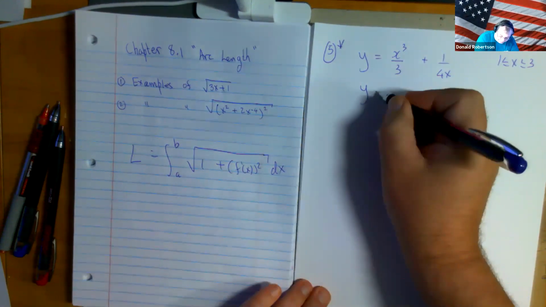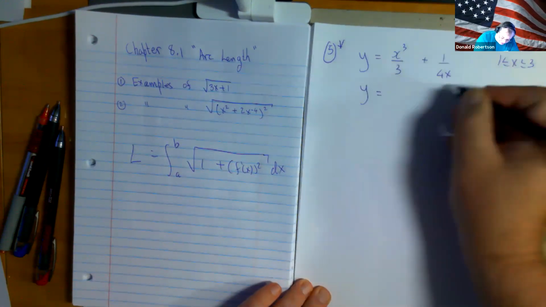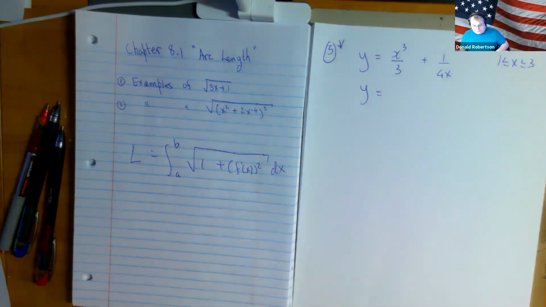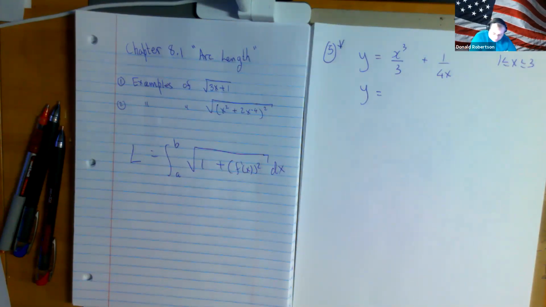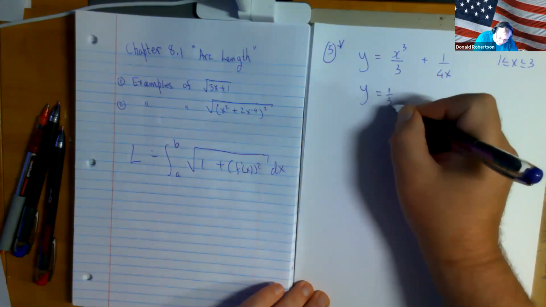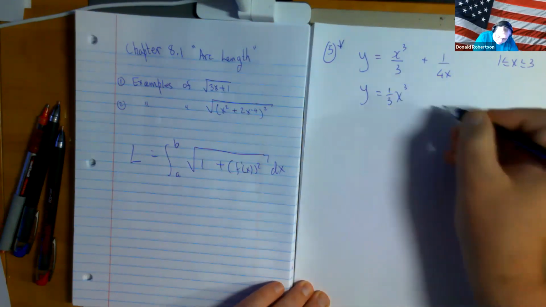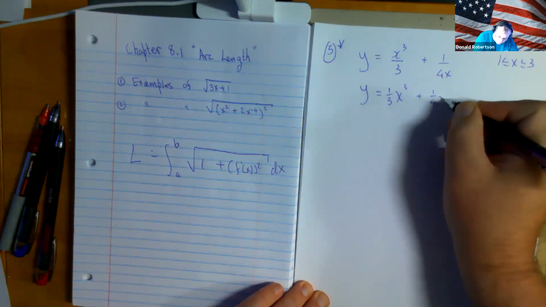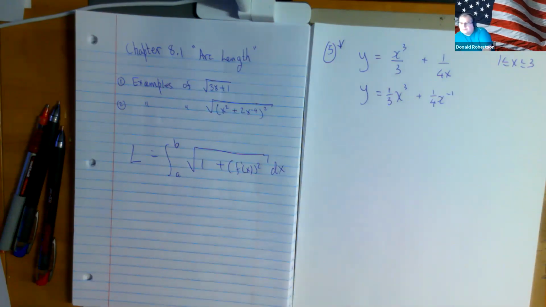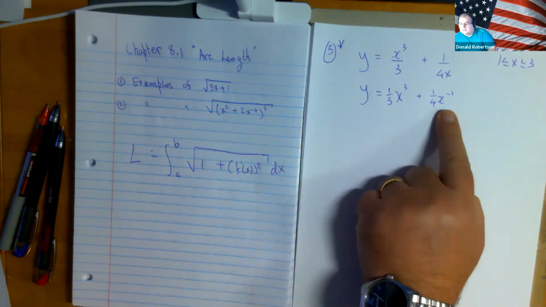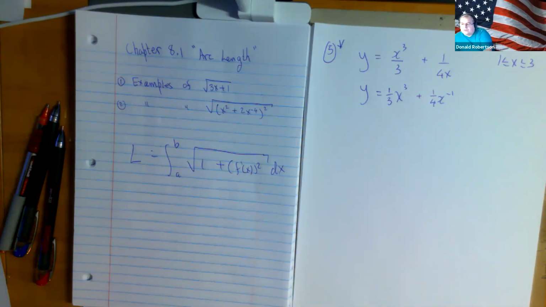Okay. If you want to take this guy here, you have to differentiate him. I would probably rewrite this guy as a third, and I'd rewrite this guy as 1/4 x to the -1. This one especially, because if you're going to differentiate, aren't we going to use the power rule?